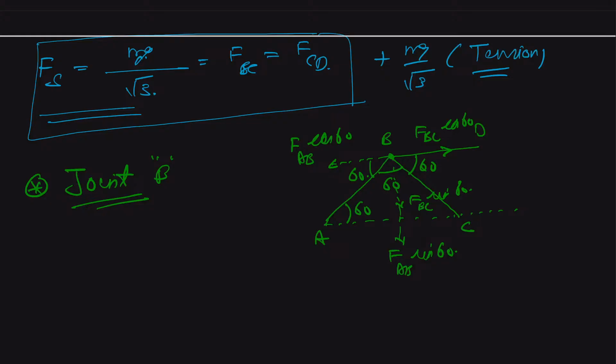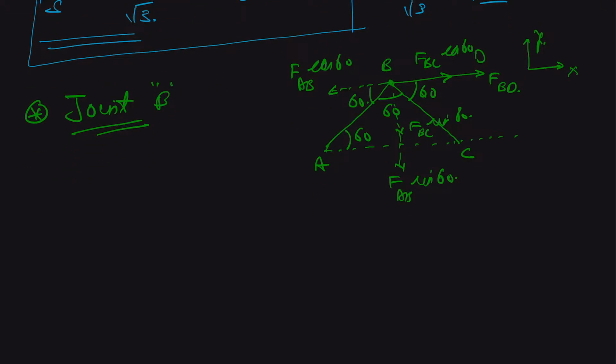And between them, the FBD, the BD is in horizontal direction, so it will have a force of FBD, and we have already defined this is x-axis and this is y-axis.